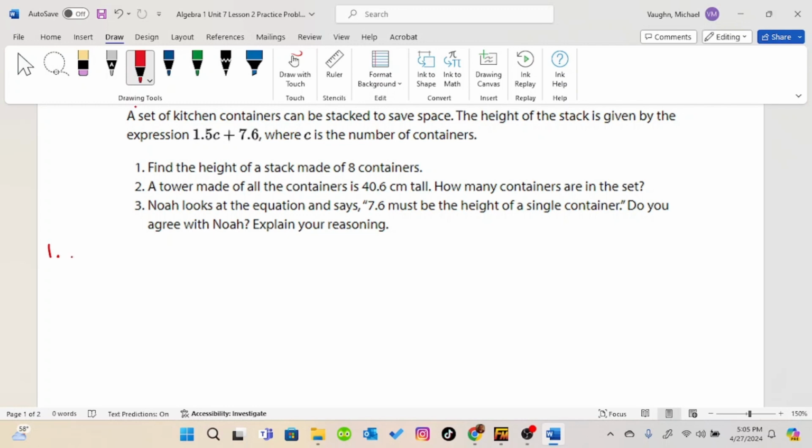So we're going to say f of 8 equals 1.5 times 8 plus 7.6. 1.5 times 8 is 12, and 12 plus 7.6 is 19.6 centimeters.